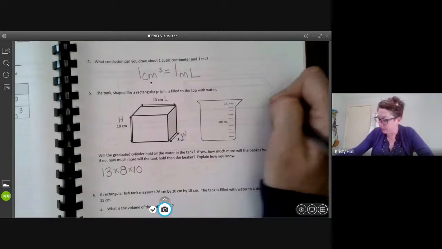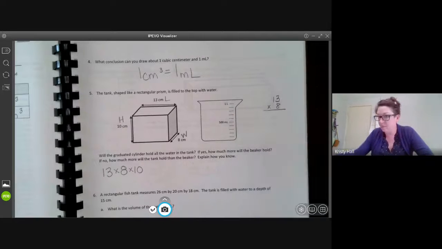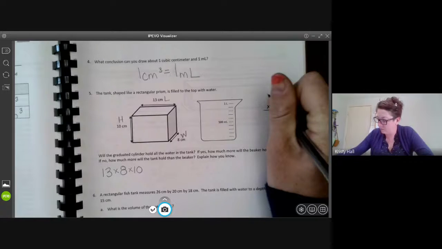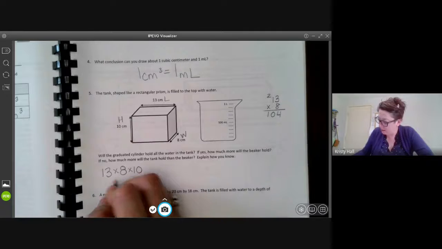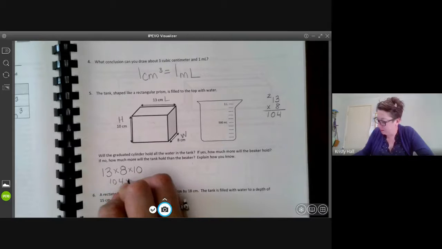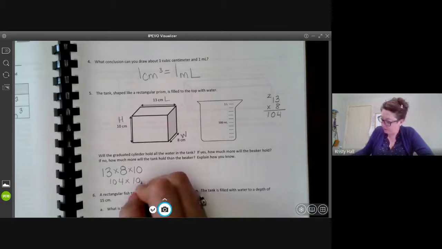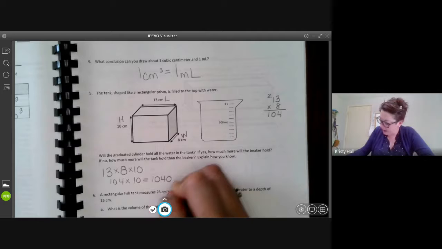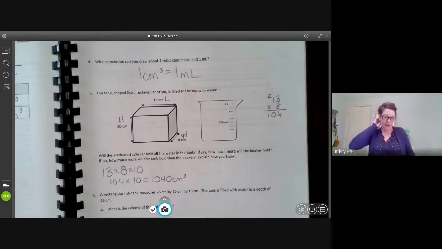I'm going to do it over here. I got 104. Times 10. Right, if I'm multiplying by 10, I can just put that 0 right on the end, right? So I got 1,040 cubic centimeters. Is that what you guys got?